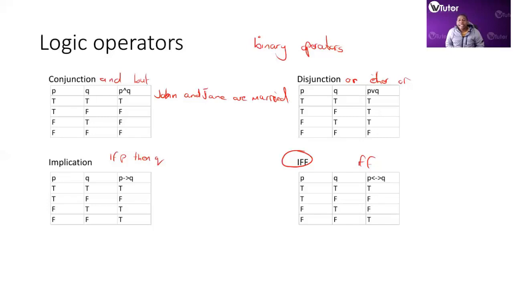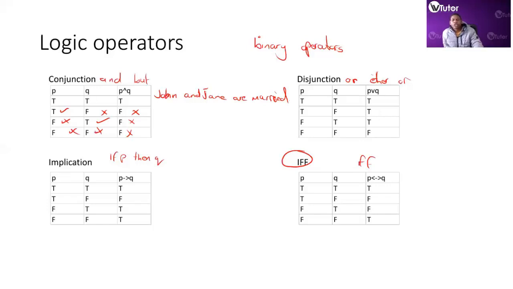So that is the only time when this statement is true. If John is married but Jane is not married, then the statement becomes false. If John is not married, Jane is married, the statement becomes false. If both are not married, the statement becomes false.